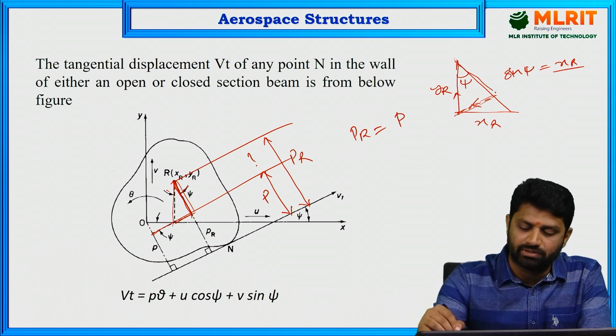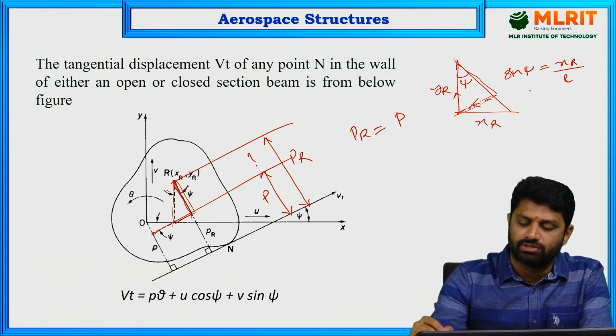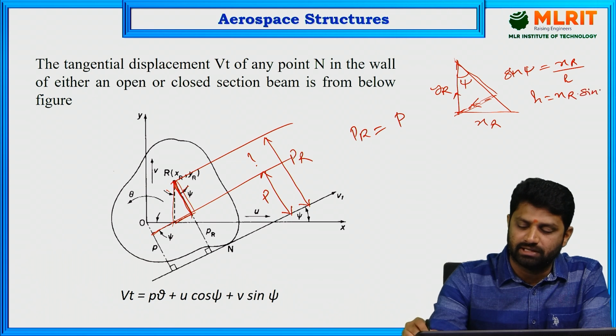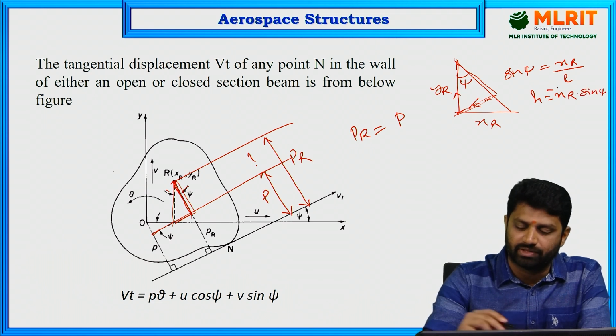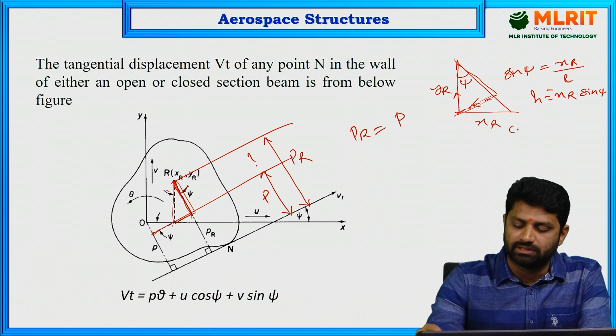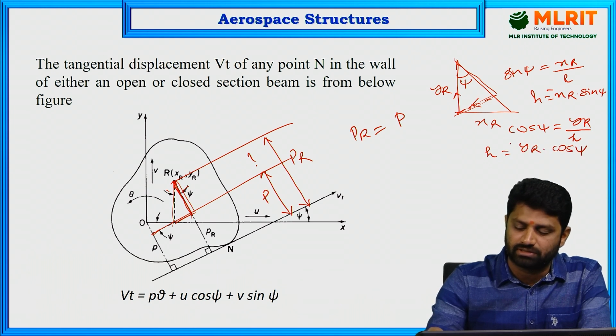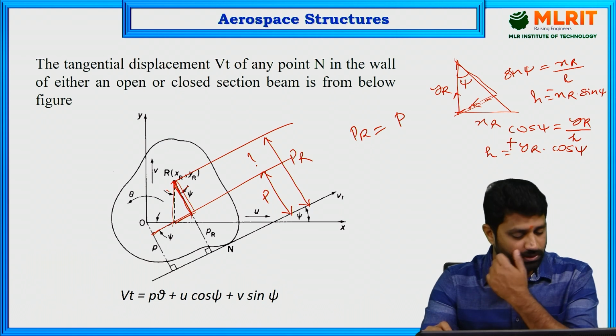Let's consider the hypotenuse as H. So H can be written as XR sin psi, which is negative. If you apply cos psi, that equals YR divided by H, and therefore H equals YR cos psi, which you can consider as positive.